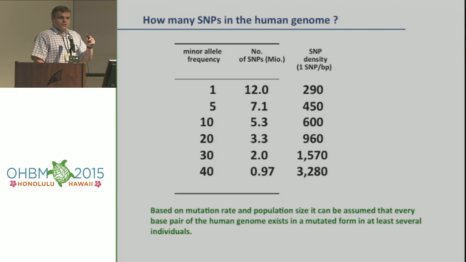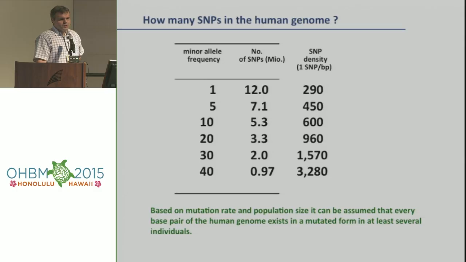The ones that have a smaller minor allele frequency of less than 1% are called low-frequency variants, or if they get even smaller, rare variants. We will hear about that later. But SNPs, there are about 12 million in the human genome overall. And that was astonishing, because that's quite a lot of variation in the human genome.